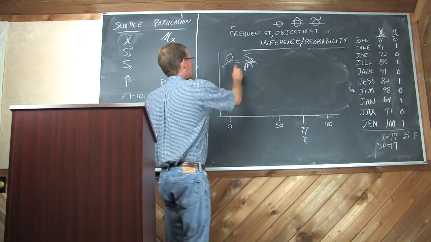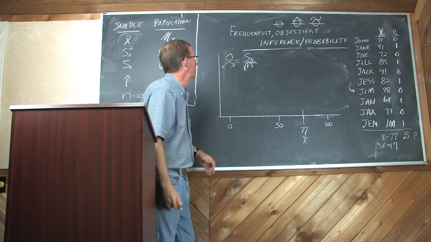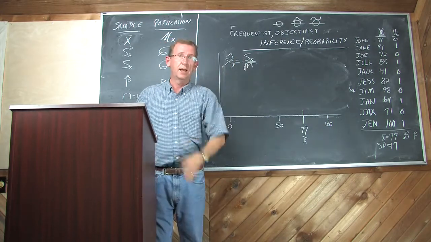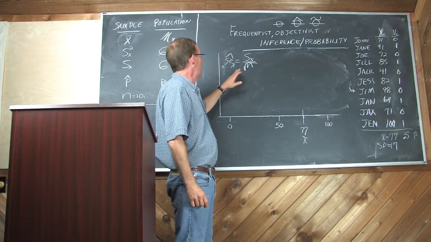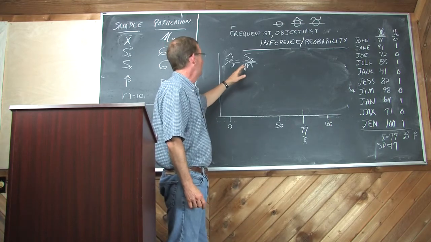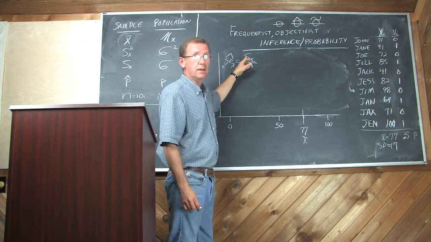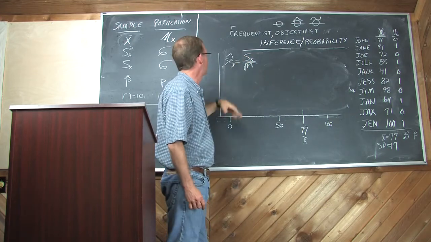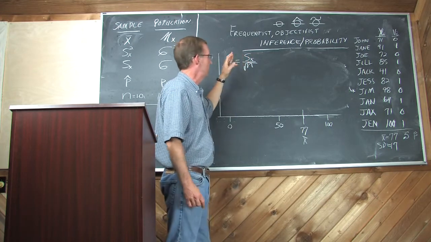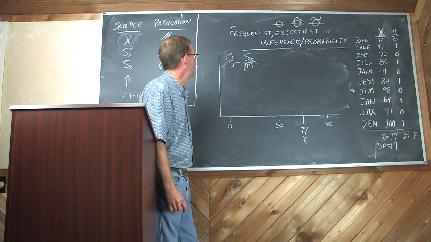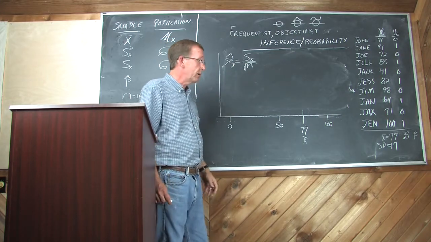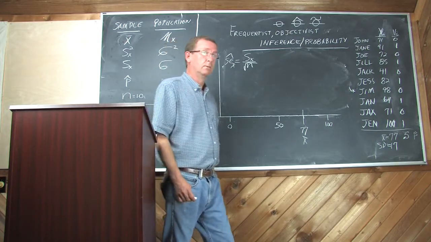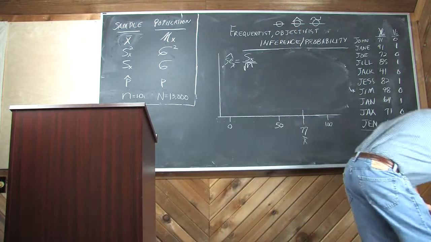Standard error of the x bars. I'm going to call this one 3a, just a continuation. Standard error of the x bar equal to the estimated standard deviation of the population. We're using the sample there, divided by the square root of n.